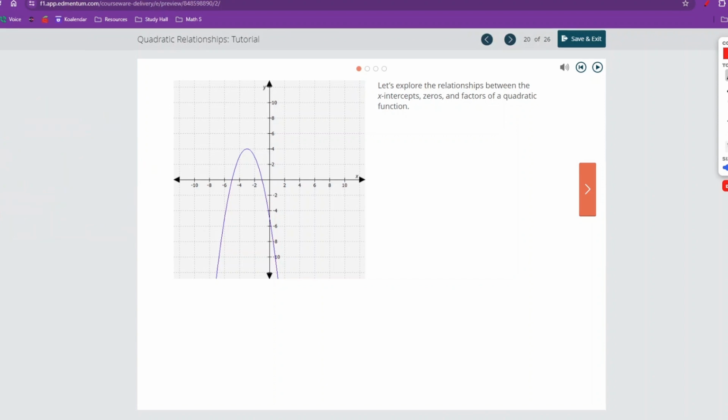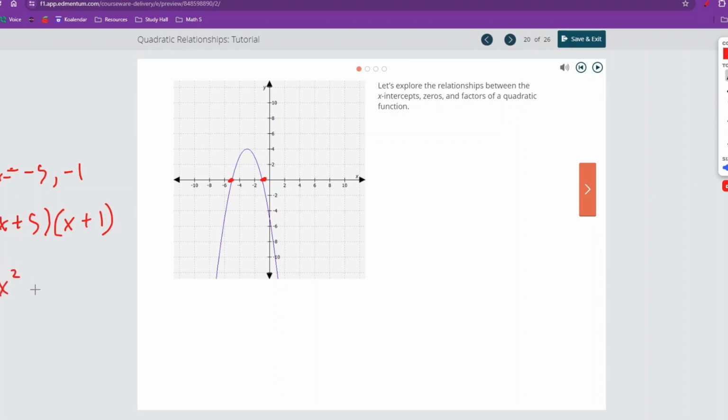But let me show you how we can reverse engineer this in order to get our equation of the line from the graph. So here, it looks like our x-intercepts are going to be x is equal to negative 5 and negative 1, which means that our factored form of our quadratic should be the binomials x plus 5, x plus 1, which then we could multiply this back out, so FOIL it.